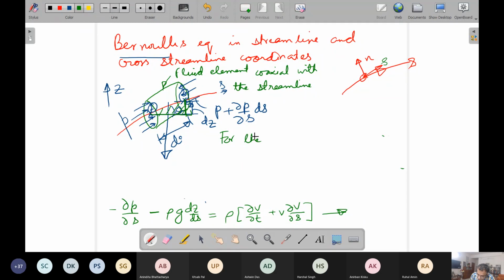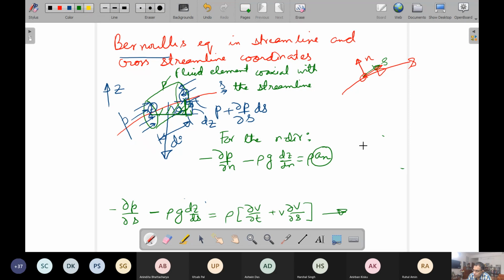You have an acceleration along N. The fluid is moving, or the velocity is in the tangential direction, but will you have any acceleration along N?